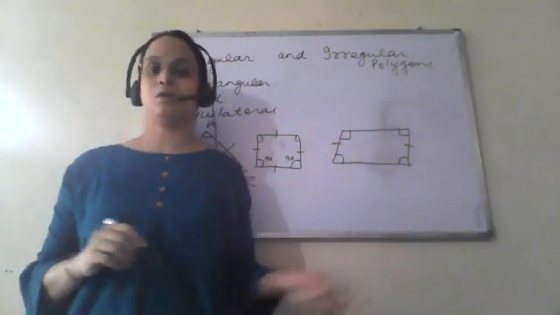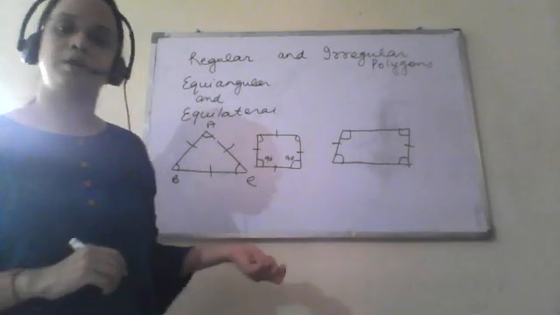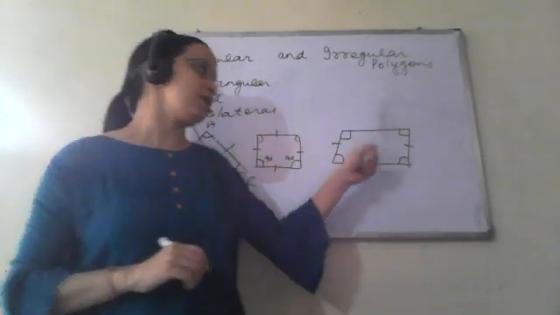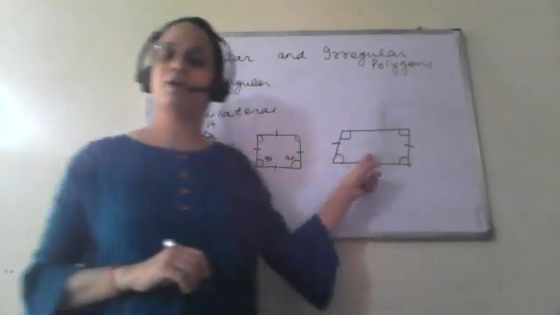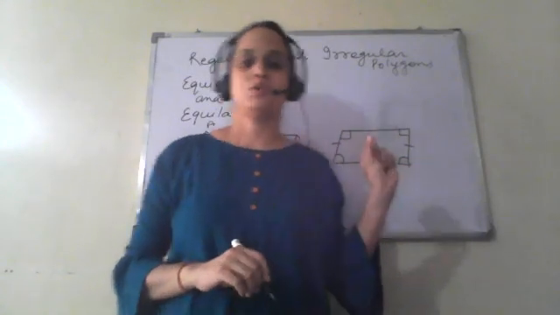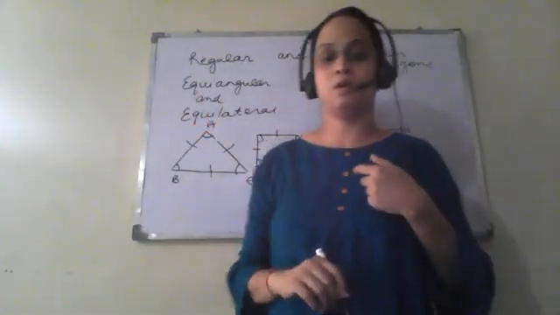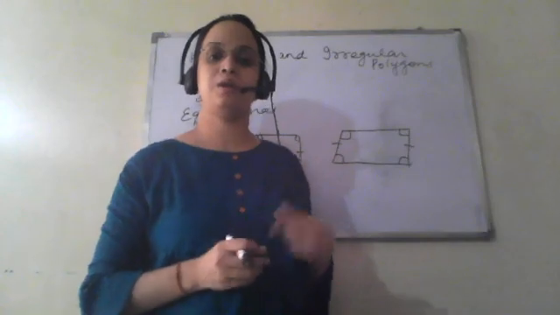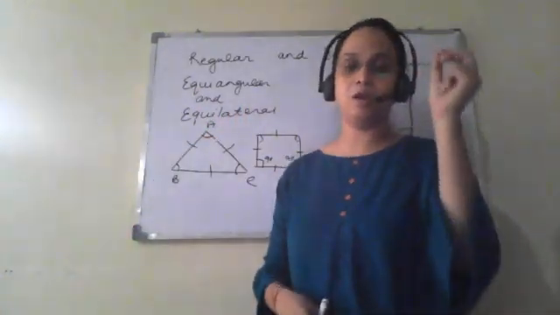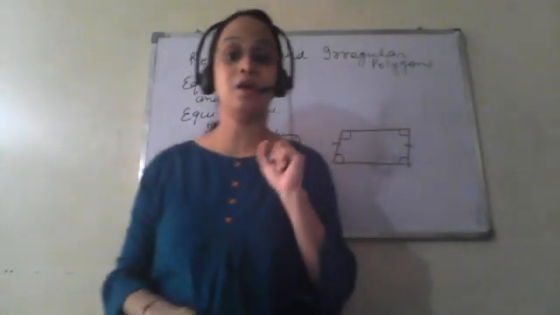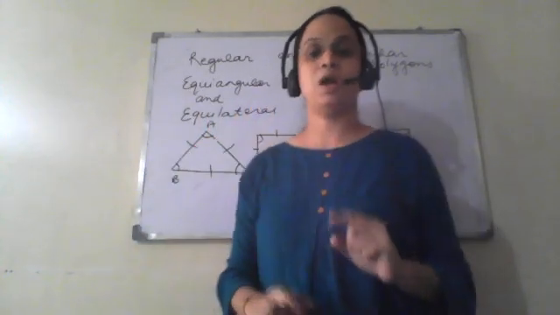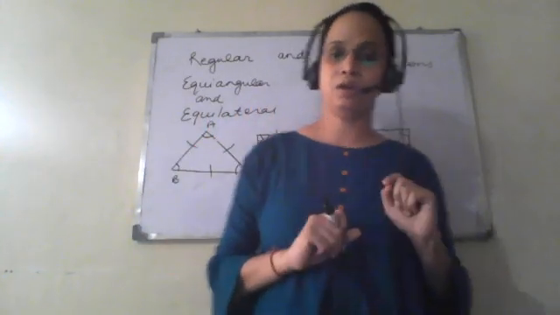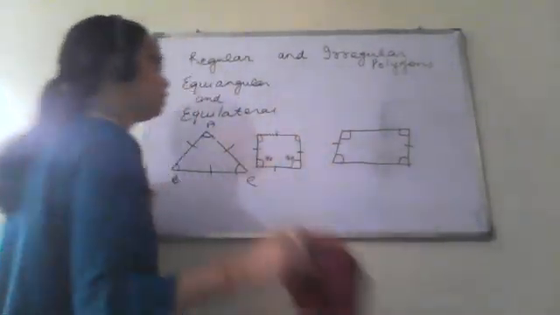So a rectangle is not a regular polygon, it is an irregular polygon, because it is equiangular but not equilateral. For a polygon to be regular, it should be equiangular, meaning every interior angle of the polygon should be equal, and every side of the polygon should be equal. So this is regular and irregular polygons.